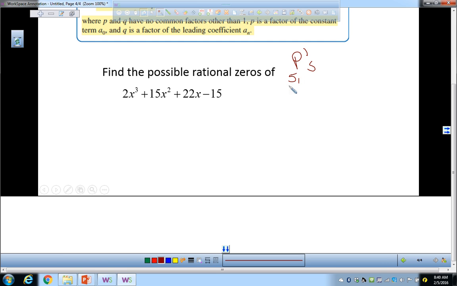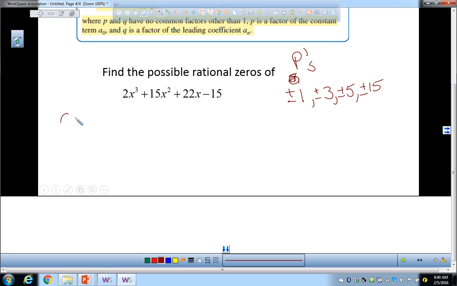What else? Usually we start with the smallest one. What's the first factor of 15, the smallest one? 1 or negative 1. So usually I put plus or minus 1. What's next? Plus or minus 3. Plus or minus 5. And plus or minus 15. Those are your P's, okay?